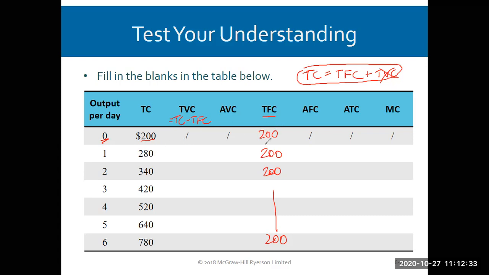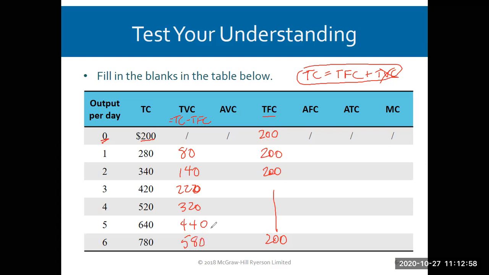So 280 minus 200, well, that's 80. 340 minus 200, that's 140. 420 minus 200, that's 220. 520 minus 200, that's 320. This was a 0. 640 minus 200 is 440. And 780 minus 200 is 580.